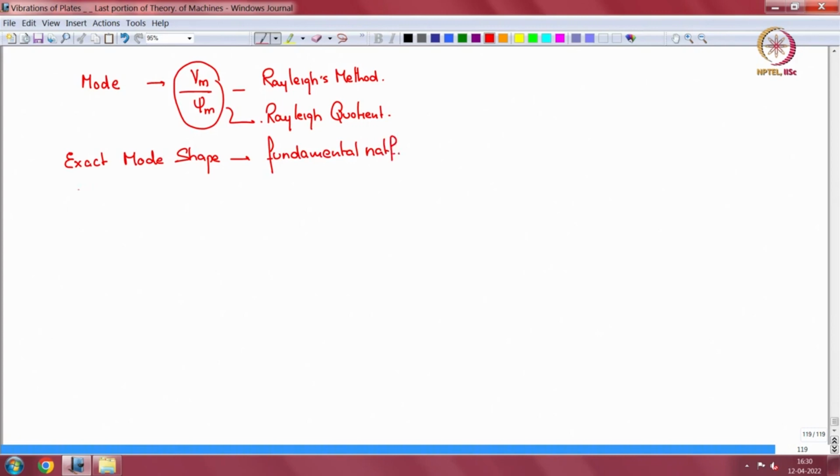If you don't get it exactly, if you get an approximate one, then you get something greater than the fundamental.